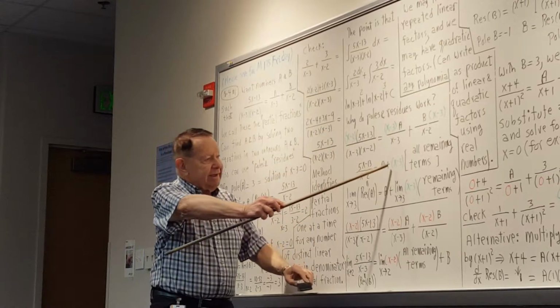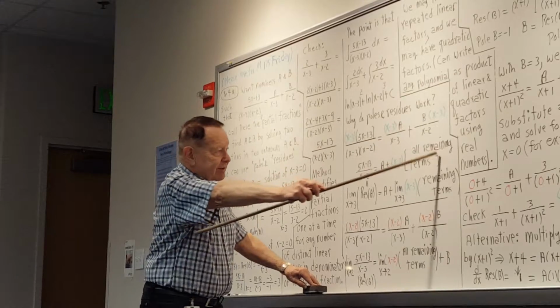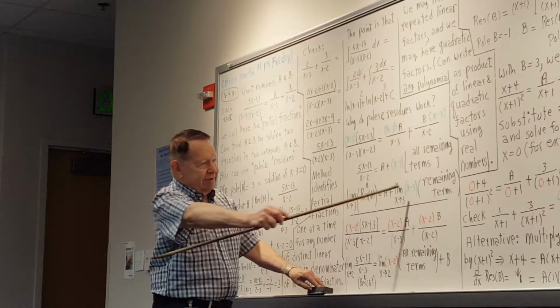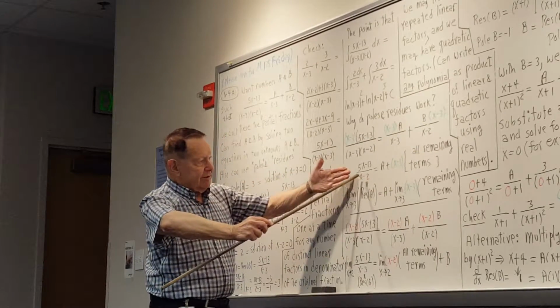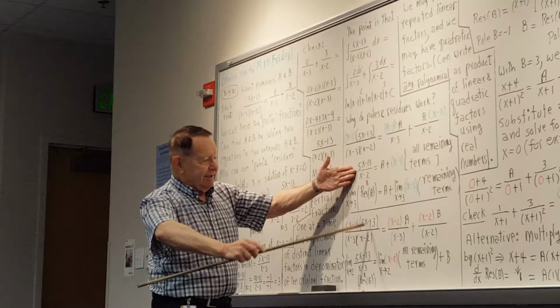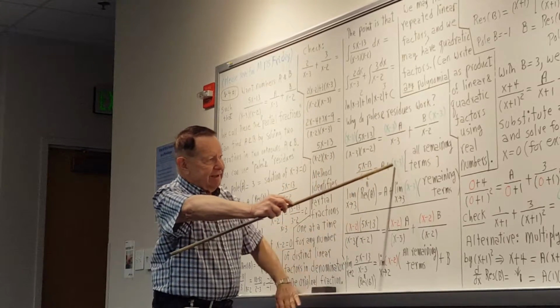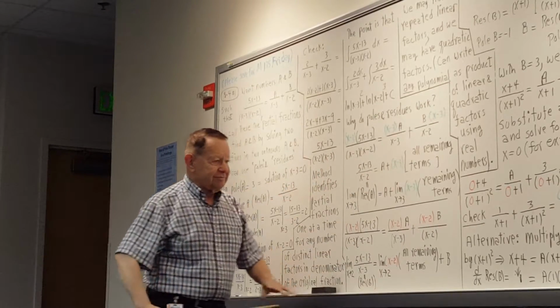That'll equal A, and then the denominator of A times everything else. And when you take your limits, here you'll get the 15 minus 13, so you get the 2 equals A, and here you get 0.